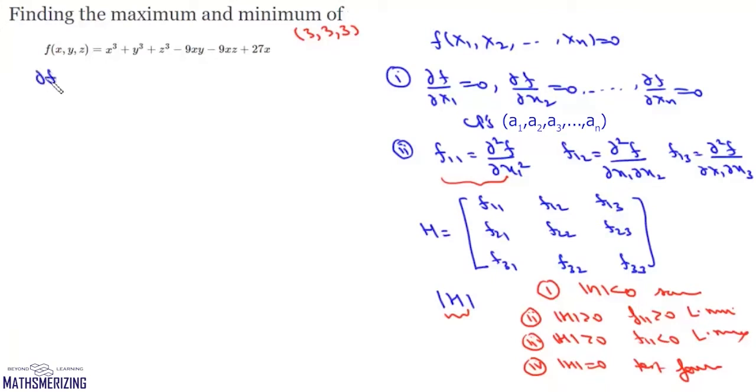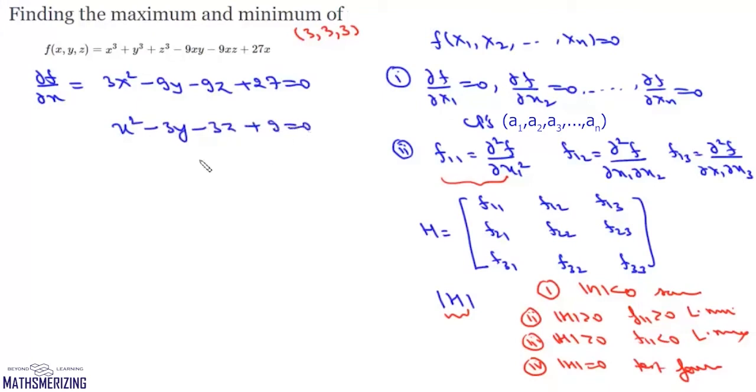So we'll find del f by del x. It'll be 3x square minus 9y minus 9z plus 27 equals 0. So from here we can write x square minus 3y minus 3z plus 9 equals 0.